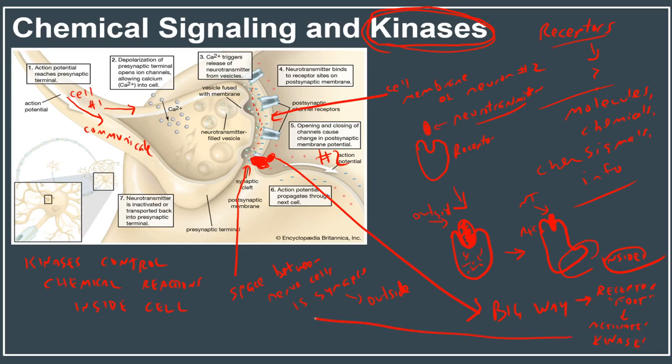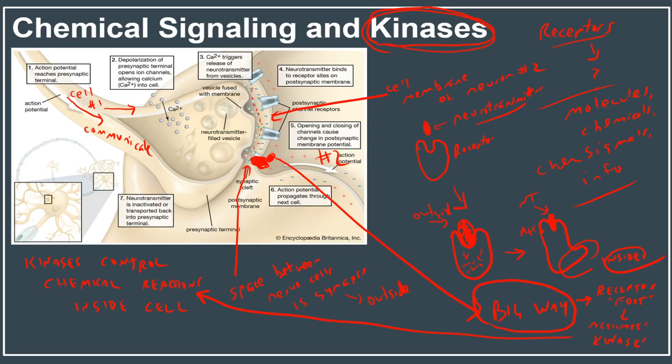And now these kinases are going to do a whole bunch of chemical reactions that start leading to big changes in the cellular machinery. And if you can do that, you can start to change the state of that second cell in response to a little signal. So you get this amplification. By using biochemistry, you get an amplification.